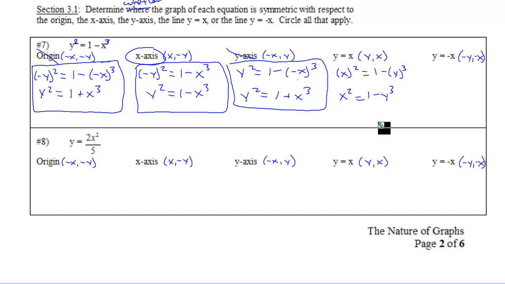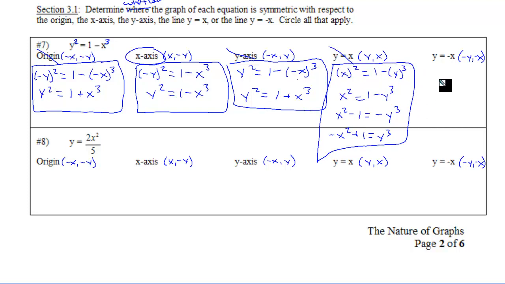If I try to get y by itself, I could subtract x from both sides, or subtract 1 from both sides. Divide both sides by -1. Clearly, this is not going to work. You need to carry it out as far as you can. Don't just say, no, it doesn't work.